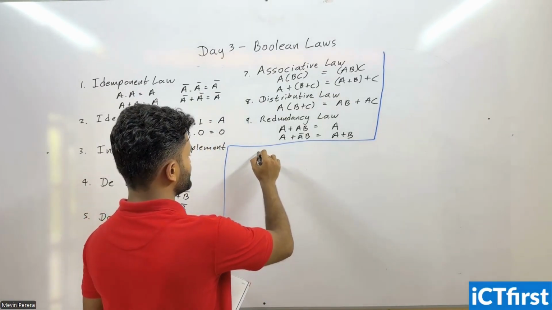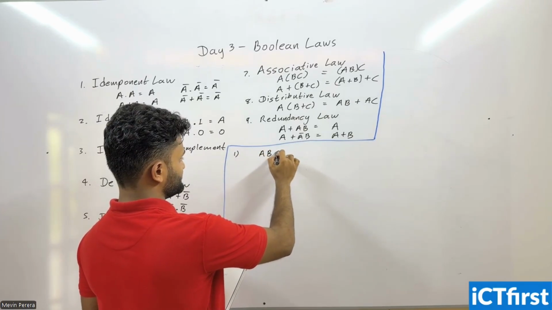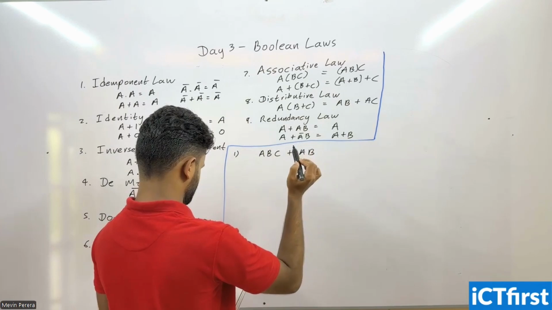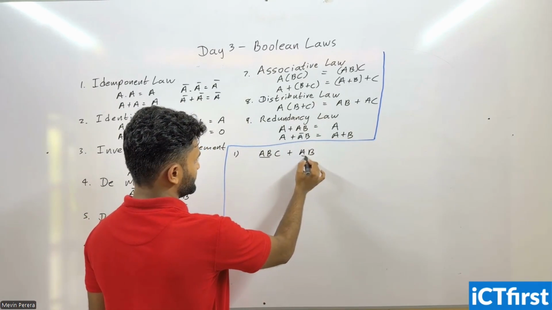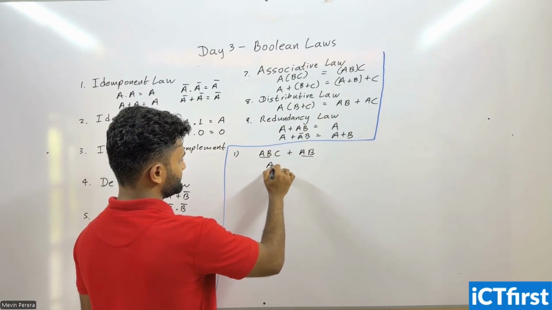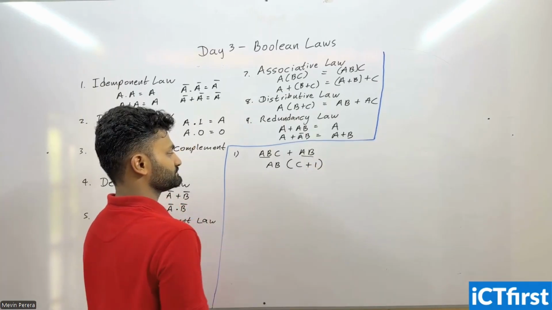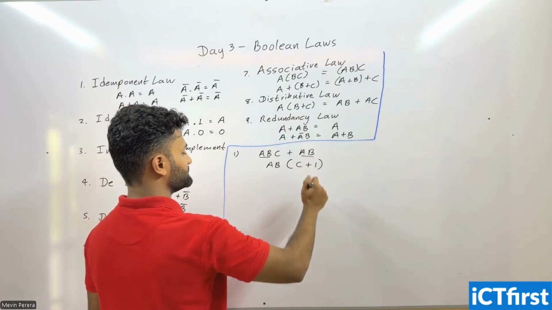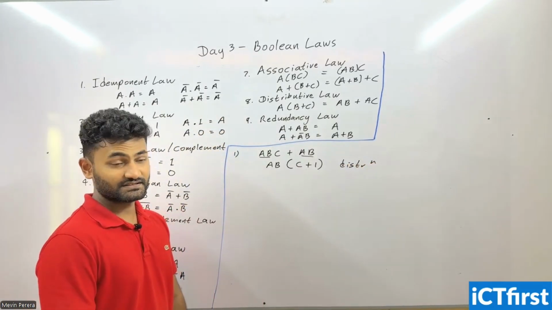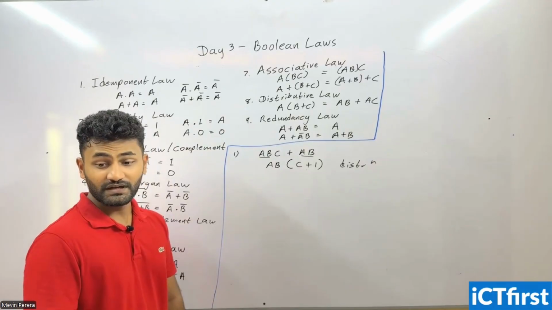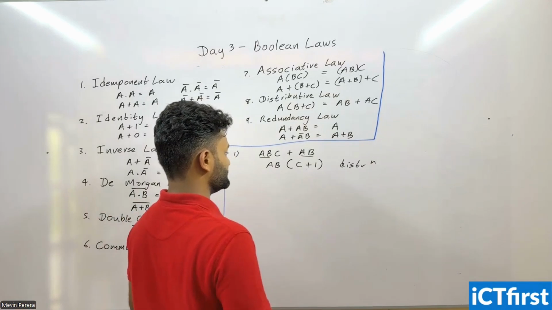Okay, so the first one is ABC plus AB. All right. So in this question, AB is common, right? Since AB is common, I'm taking it out: AB times C plus 1. If you multiply it back, the same thing comes. What is the law? Distributive law. I'm not writing the whole name of the law, but in the exam you all have to write the whole thing.